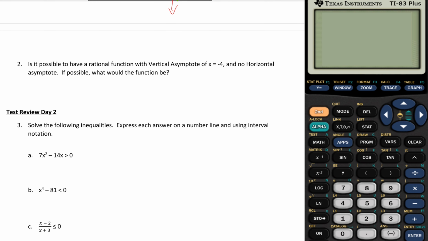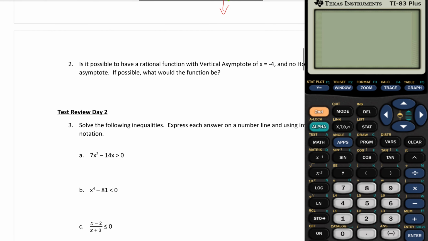Now, for question 2, it says, is it possible to have a rational function with a vertical asymptote of x equals -4 and no horizontal asymptote. Now, I believe there is one situation, I think I showed you in our cheat sheet, right? If we have x over x, we know that it's 1.